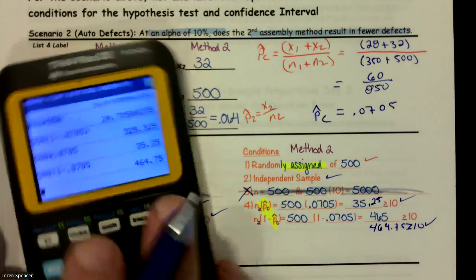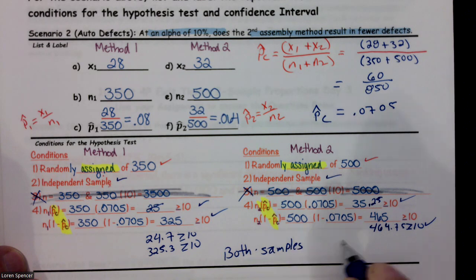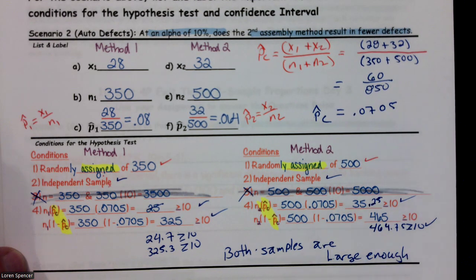All right, so we can say both samples are large enough. We'll run the rest of this hypothesis test in our notes spiral.